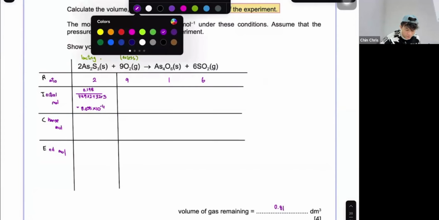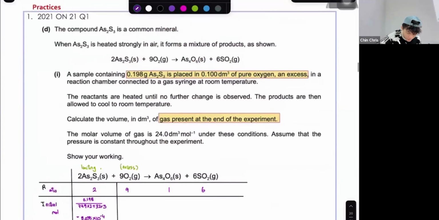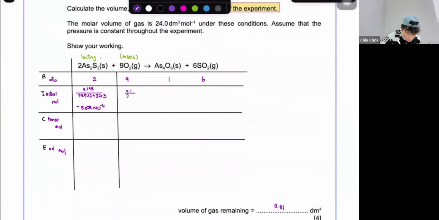O2, right? How much O2 we have? 0.1 gram. Room is 24, right?